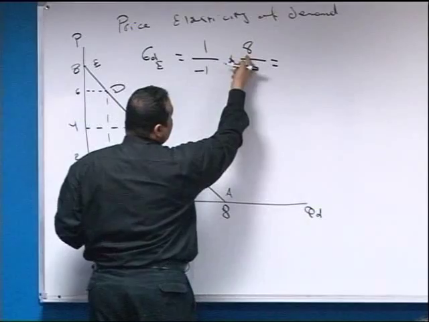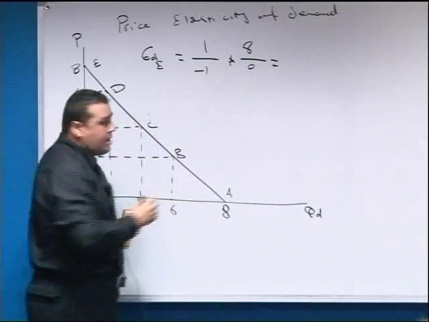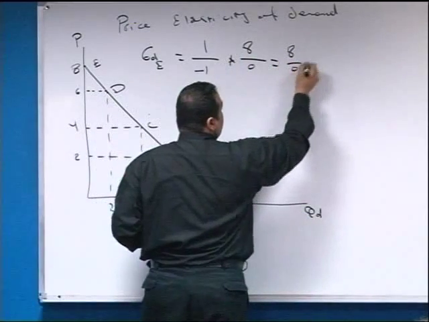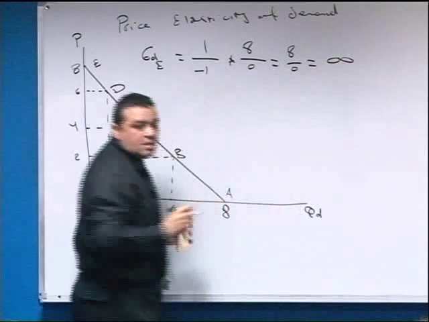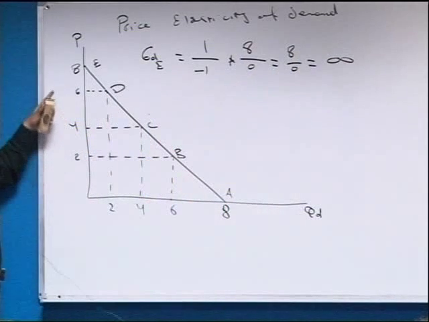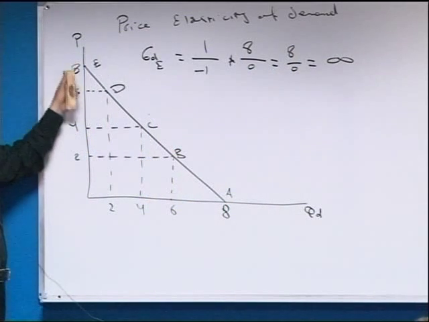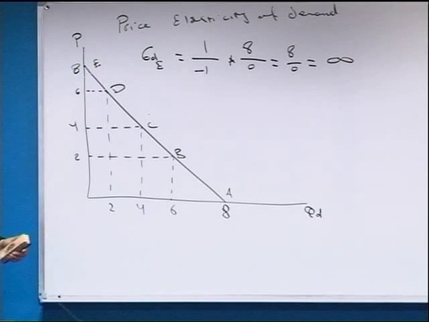So it equals 1 times 8 over 0, which equals infinity. So the price elasticity of demand at point E equals infinity.